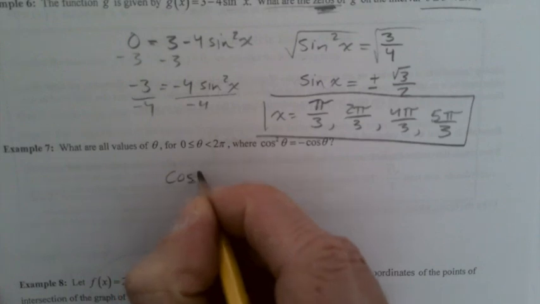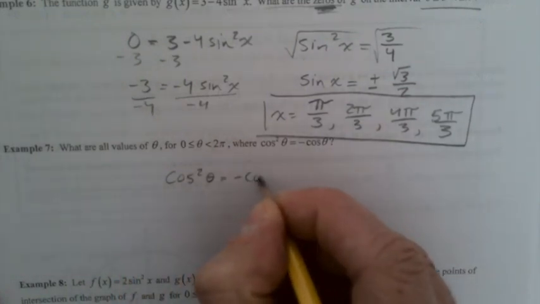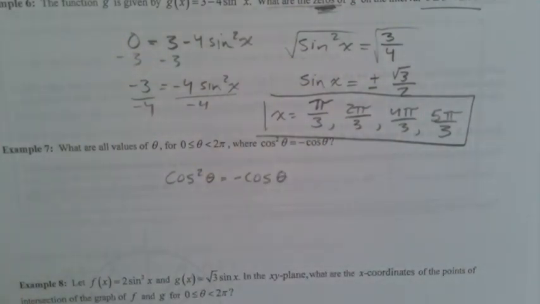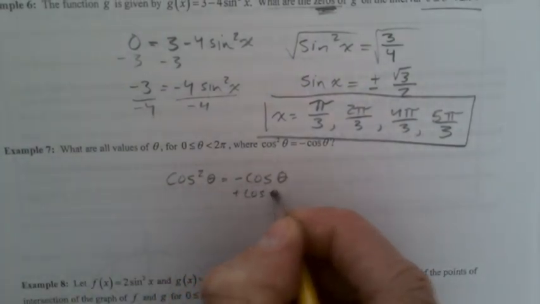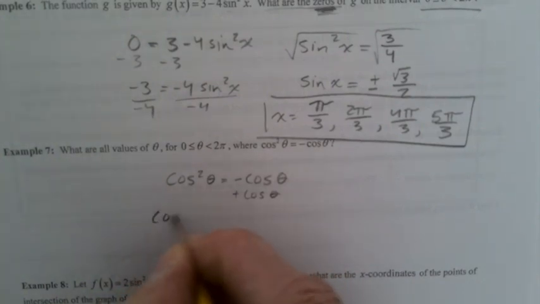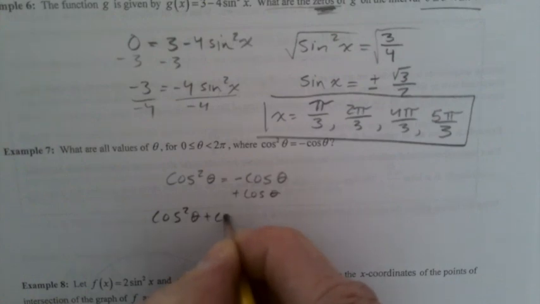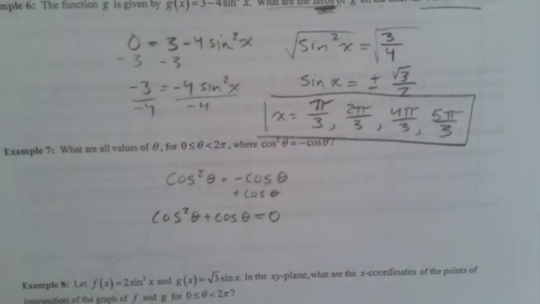We've got cosine squared of theta is equal to a negative cosine of theta. Now, I do not want this to be on both sides, so I'm going to bring cosine of theta over using addition. So I have cosine squared of theta plus cosine of theta is equal to 0.